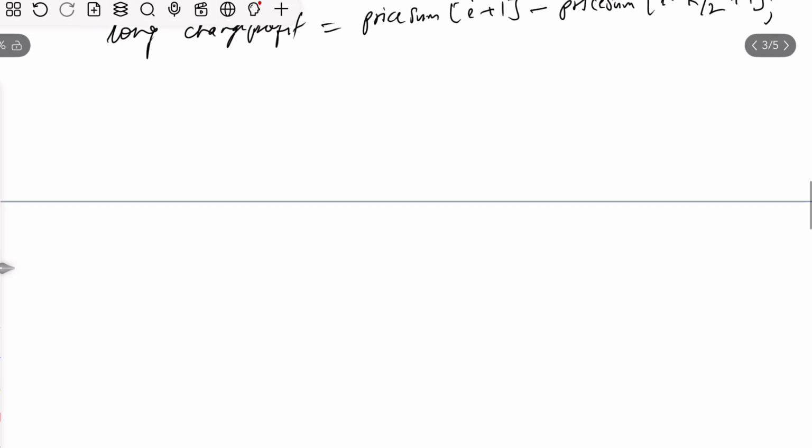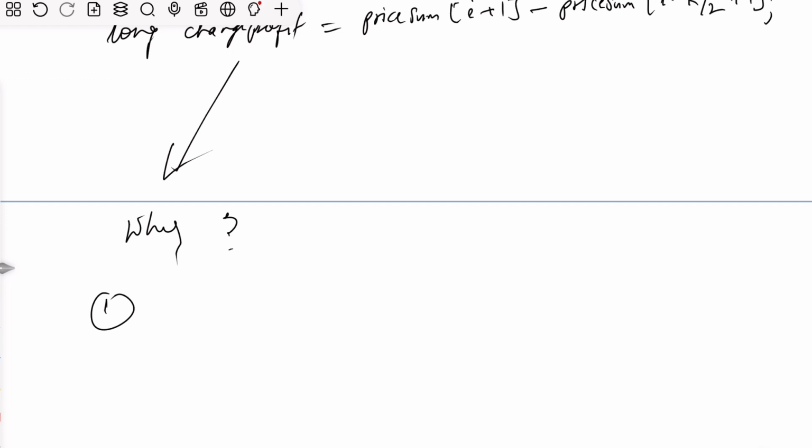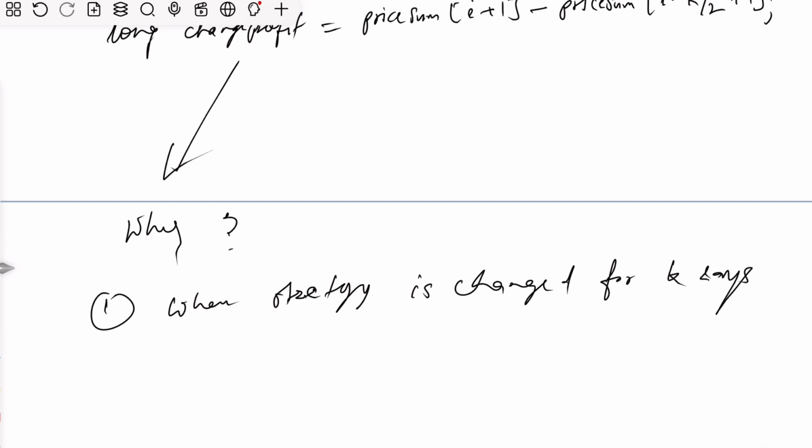Why will this change work, right? Because let's suppose, very first, we know that when the strategy is changed for k days, what things happen?